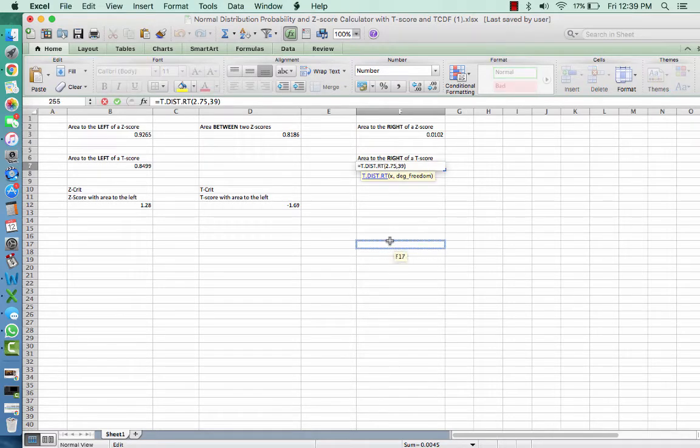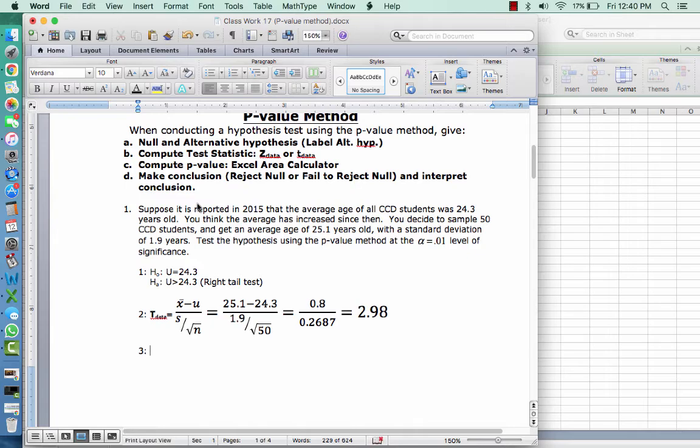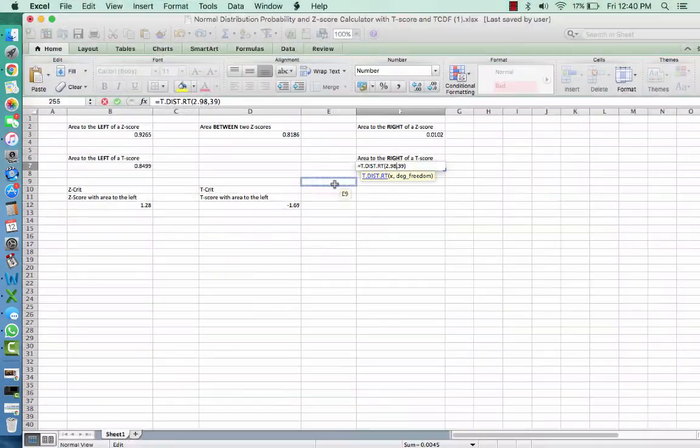So I click in here and I put in my t-score, which was 2.98, and then always the sample size minus 1. Now remember, the sample size in this problem was 50, so I'm doing 49 here.